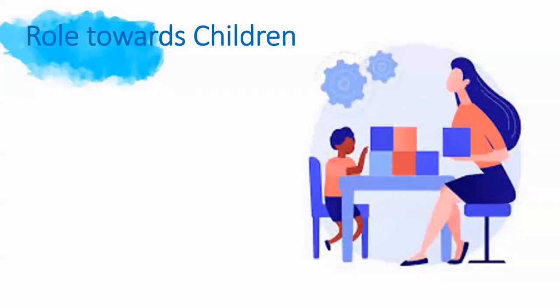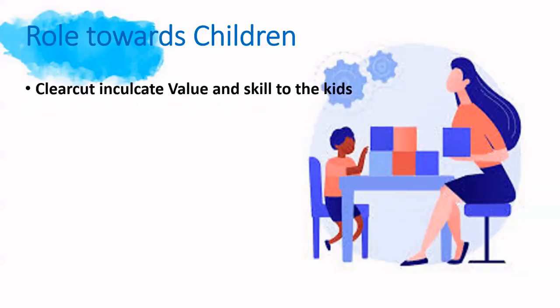Now, going to each one of them, let's understand the roles towards the children. What are the basic roles that an administrator in a preschool should play in order to take care of the children who are coming to get their skills right? Number one is clear cut inculcation of values and skills to the kids. There are a lot of things to be done in the age group of 2 to 6 years of age.